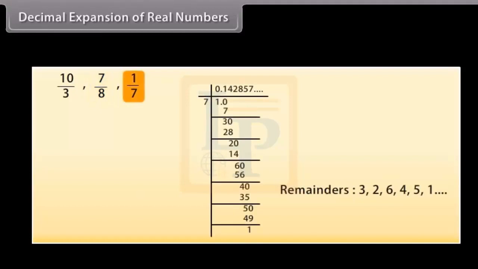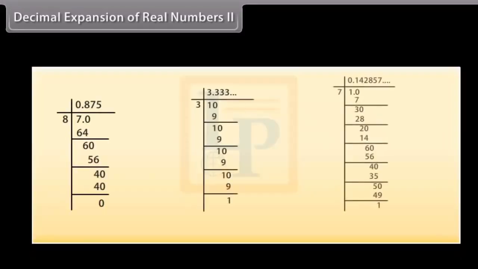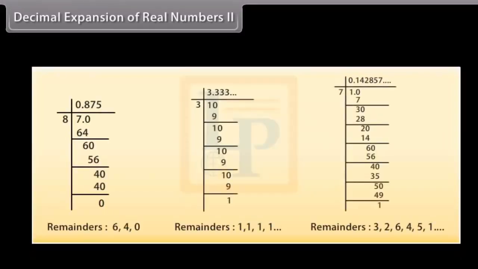And the remainders for 1 by 7 are 3, 2, 6, 4, 5, 1. Did you notice something here in all these examples? Notice that the remainder either becomes 0 after a certain stage or starts repeating itself.